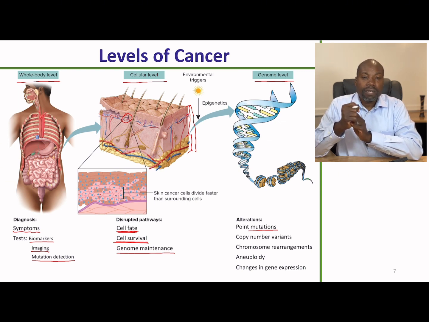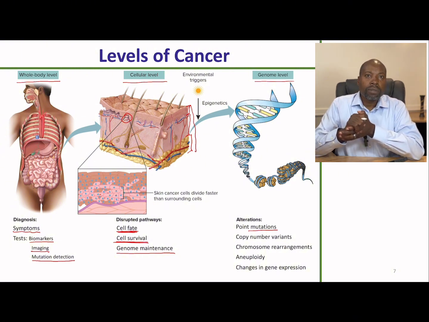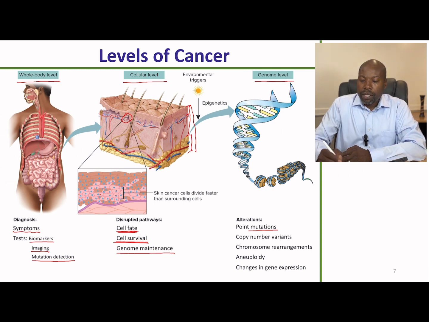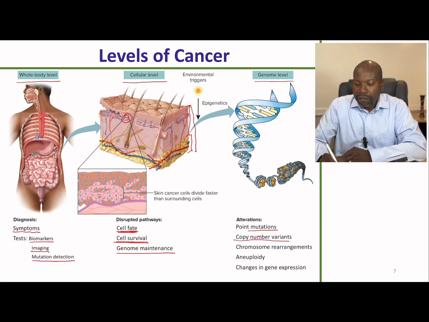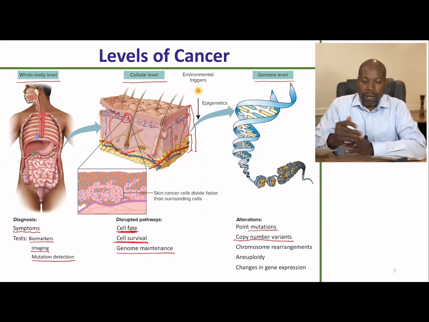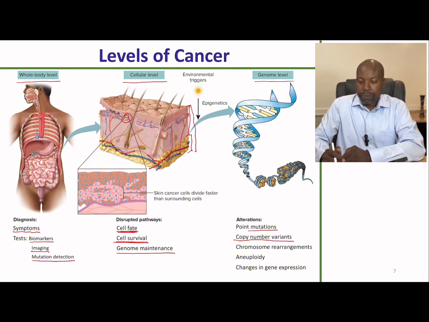Because of some radiation and other mutagens, this can cause multiple damages in the DNA. The copy number variant can also change and actually lead to cancer.